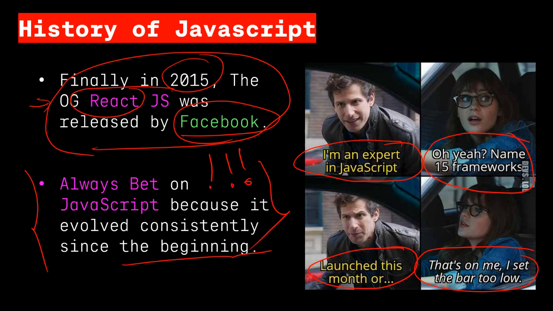If people are building frameworks on top of a programming language, like in this meme they say hundreds of frameworks have been built on top of JavaScript, it means JavaScript is that popular. It is the second most popular programming language after Python. Python is always the most popular, and then JavaScript is second.